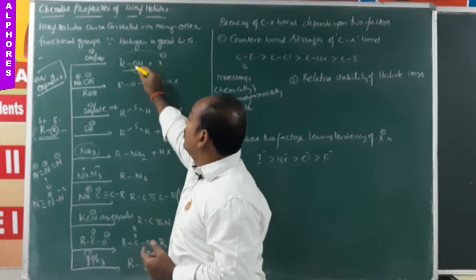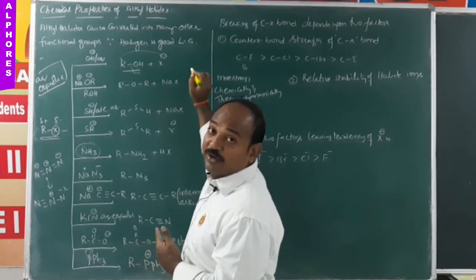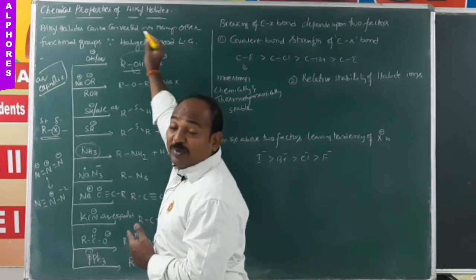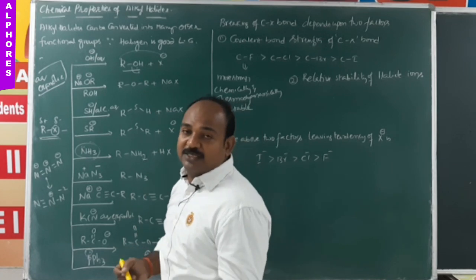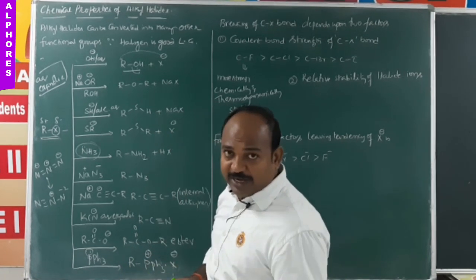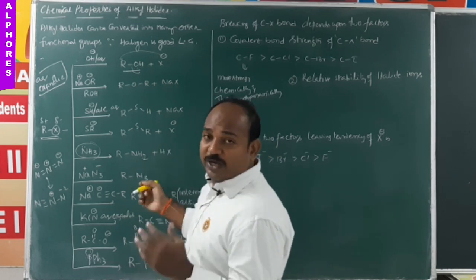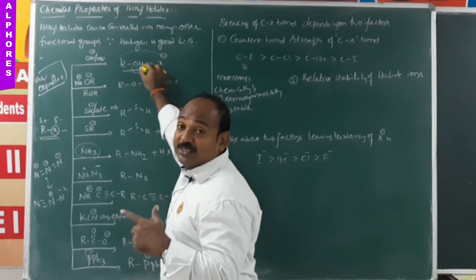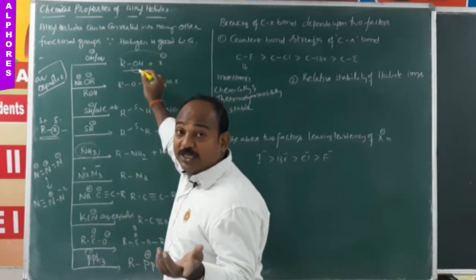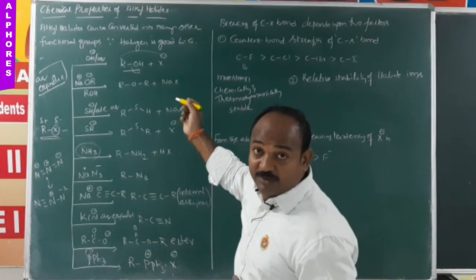Then the oxygen gets protonated and converts into OH2 plus, a good leaving group, and X minus can displace it. Or else we use phosphorus halides PCl3, PBr3, PI3, PCl5, or red phosphorus and halogen. In all these cases we convert the poor leaving tendency of OH into a good leaving tendency. One more method we discussed is the Lucas reagent method.